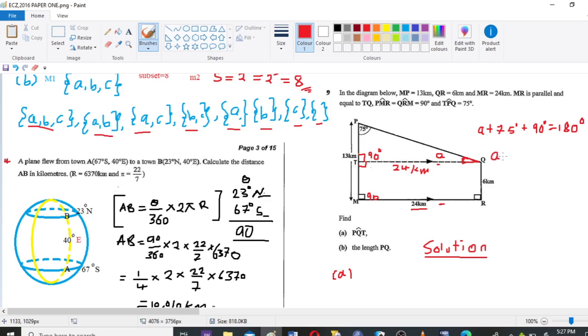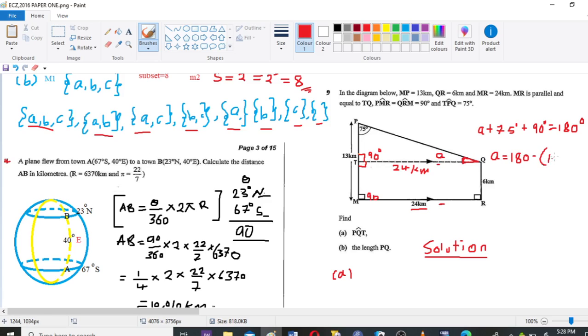Now, collecting like terms, we are going to have 180 minus, adding 90 plus 75, you are just going to get 165, right?